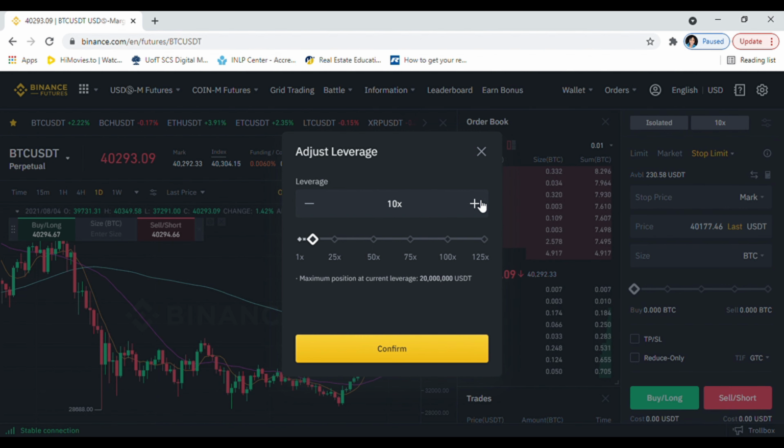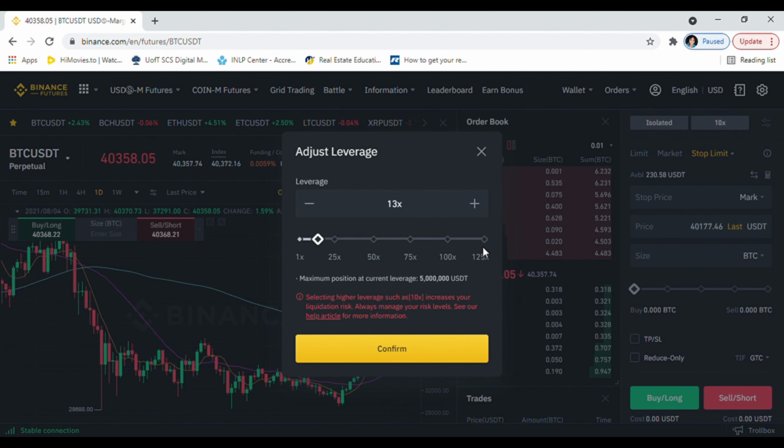Well, because when you're using a high leverage, there's this thing called liquidation. Liquidation is basically the price that the exchange will kick you out of the market if the price of the crypto that you're trading goes against you.